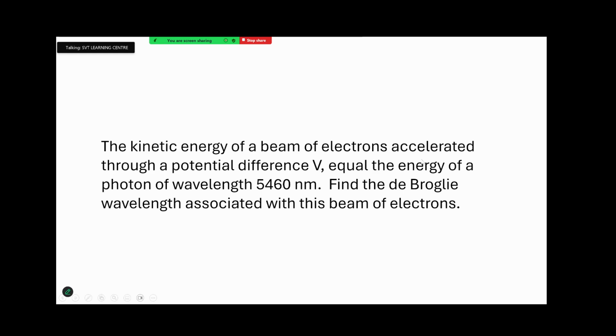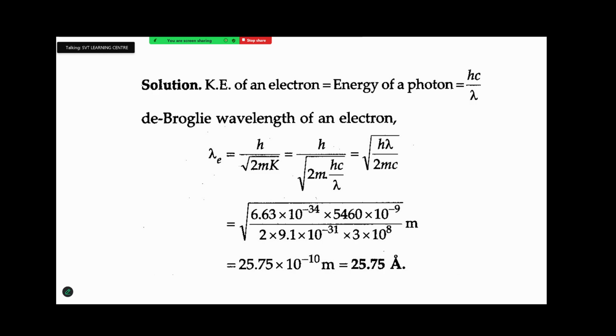So once you know the energy, you put it into the formula for getting the wavelength. Lambda will be equal to h upon root of 2mK. Instead of K, you put hc by lambda. Most sums involve only calculation.